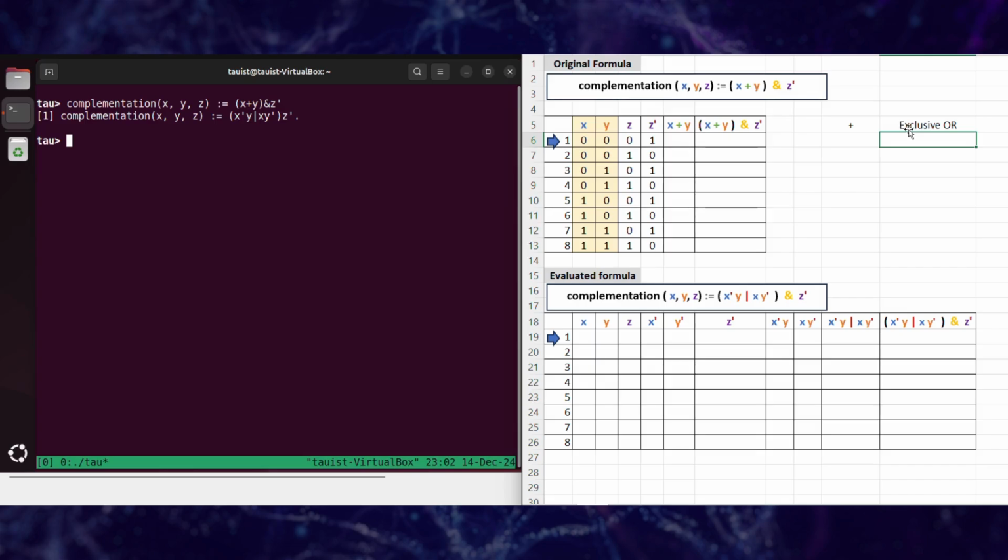This means that, for example, you have x here and then y here. x plus y means, so let's first populate 0 1 0 1.